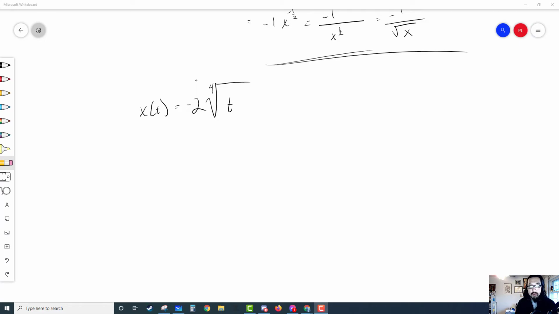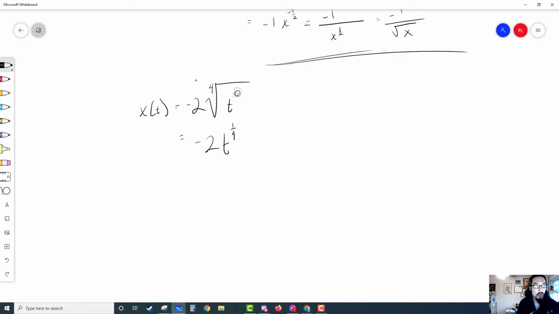If there's no number in there, that means we have a 1 in the denominator, but the number in that little nook is the number in the denominator. So we can rewrite this as negative 2 t to the 1/4. It's 1 divided by 4 because that 4 goes in the denominator, and there's no exponent here, so we just leave that as 1.